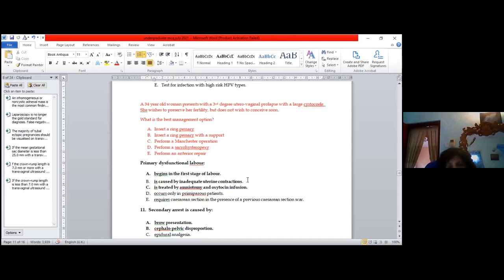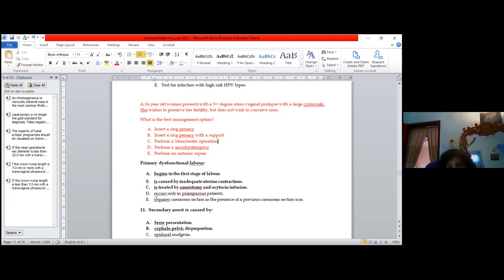'Requires a cesarean section' in the presence of a previous section scar, because if there's a previous section scar, then starting oxytocin infusion is a problem. Therefore, it needs a section.